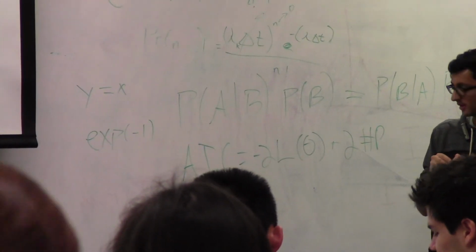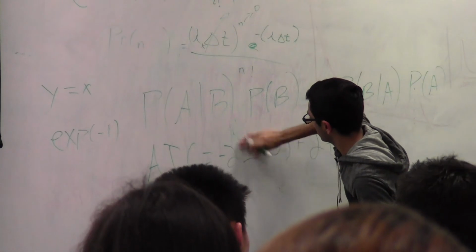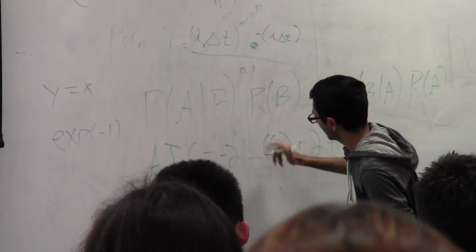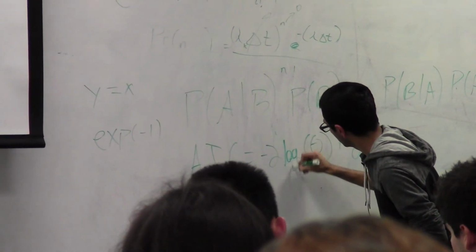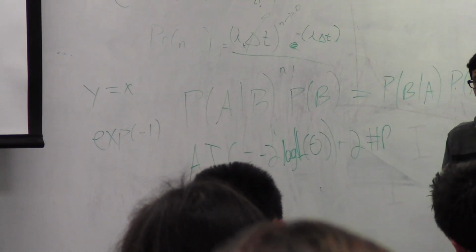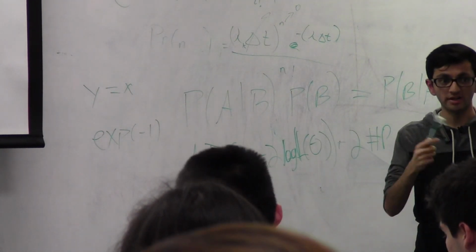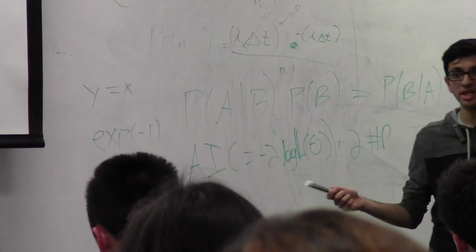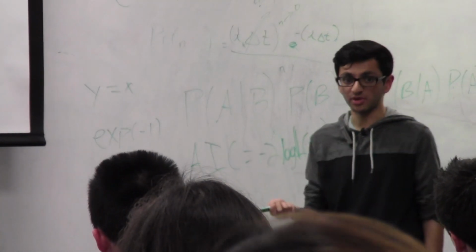Okay? And sorry, this should be log. So it's -2 times the log of your likelihood plus 2 times the number of parameters that you have.